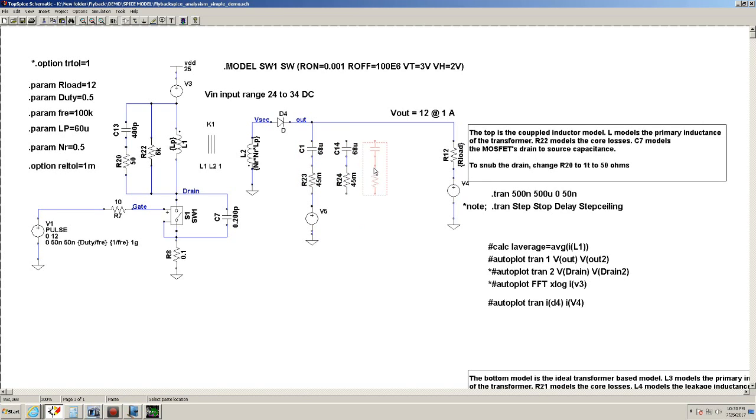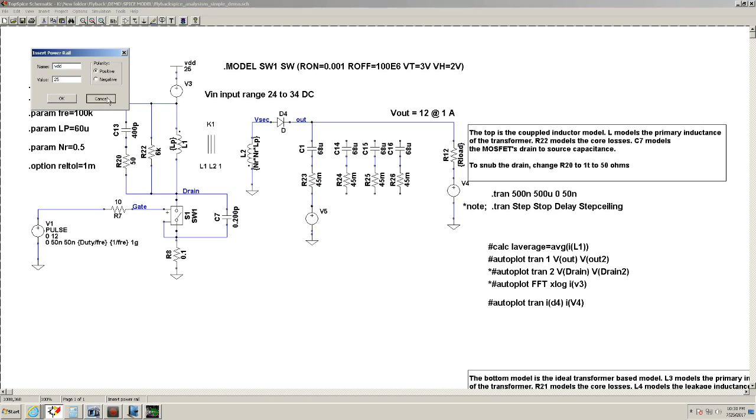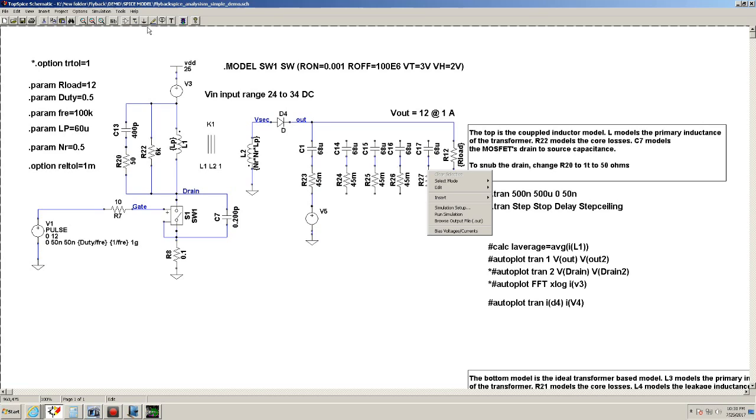Another one. 2, 3, one more. 4, 5. So you'll see that it is very common to see a whole bank of capacitors, and this is why.